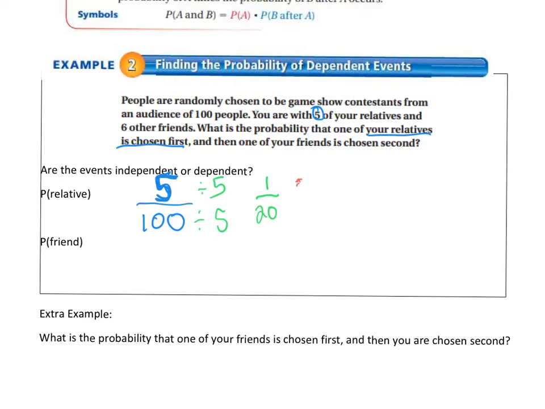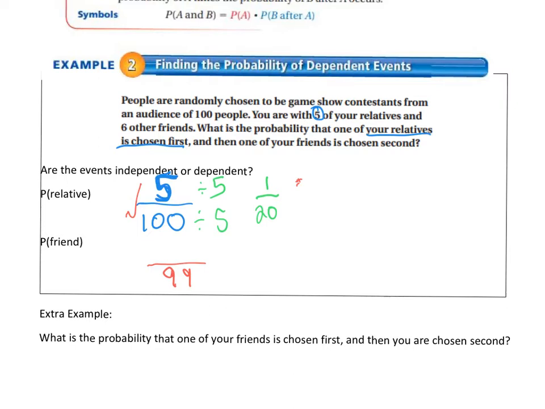Okay, next, we are assuming that this happens, okay? So when this happens, that one person out of the 100 people was picked. And you can think about it that they're not going back in the stands, they're picked, they're up on stage. So now you only have 99 people left in the audience because this thing happened.